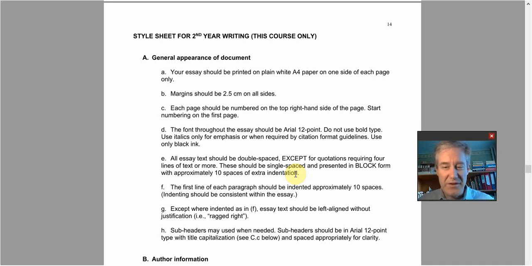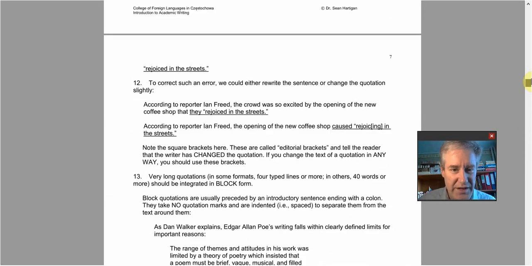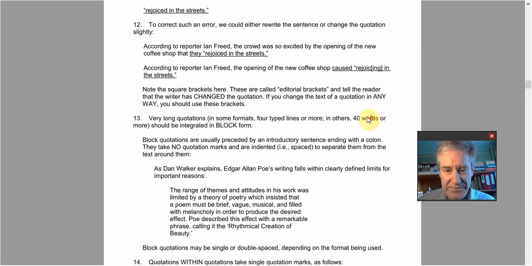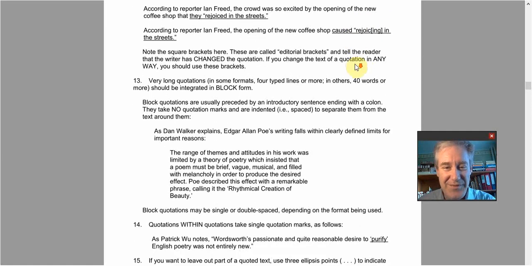Now, if you're having trouble remembering what this looks like, go back to the earlier part of the module. We're on page 14 here. I'm just going to go back to the section on quotations. Back to page 7. So easy to find the page numbers when I know they will always be in the top right-hand corner. This is one reason why we have style sheets.